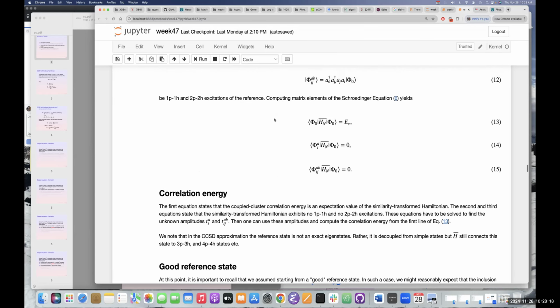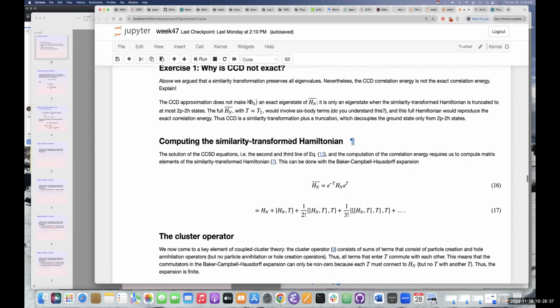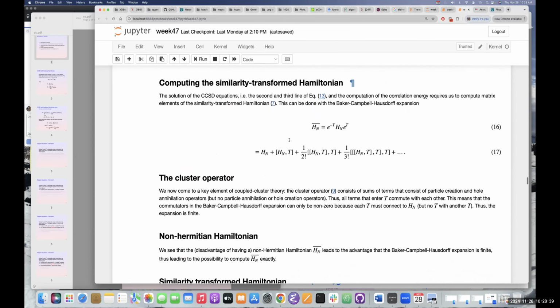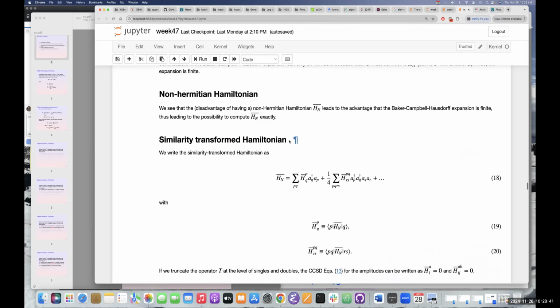And these coefficients are found by solving these equations here. If we stay at the level with one particle, one hole excitations and two particle, two hole excitations, then these three equations are the equations which we end up solving. So this is just to give you an overarching view of what is going on.